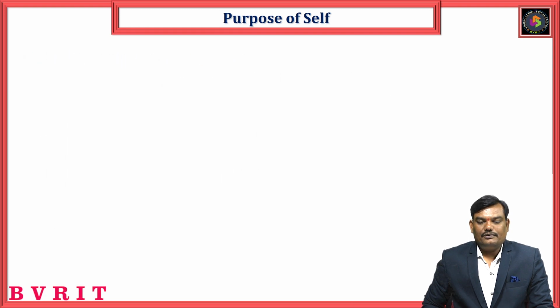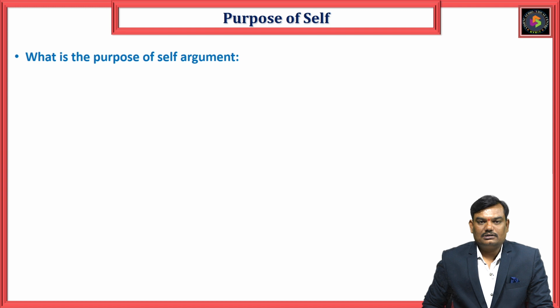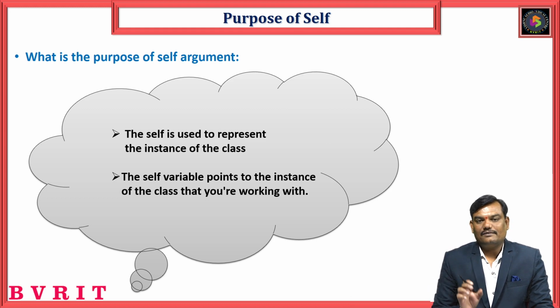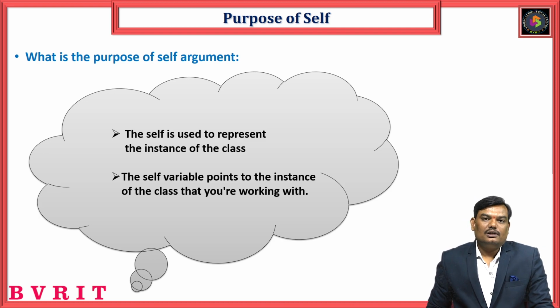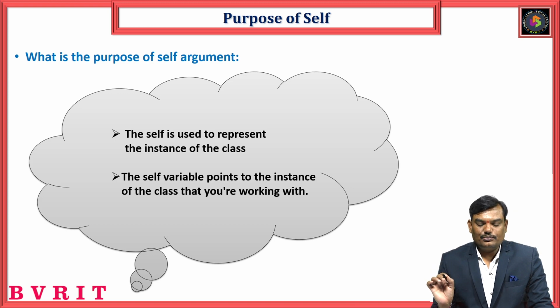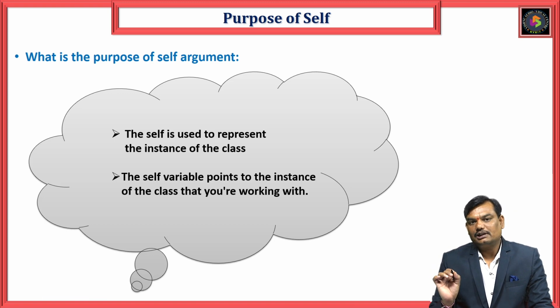By making use of this self argument, we represent the instance of the class. So the self argument is always used to represent the instance of a class. Self will always point to the instance of the class that you are working with.